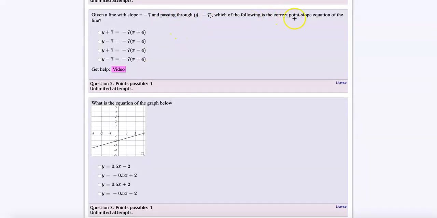So point-slope equation is the form y minus y1 equals m times x minus x sub 1. And x sub 1, y sub 1 represents the point that you have.